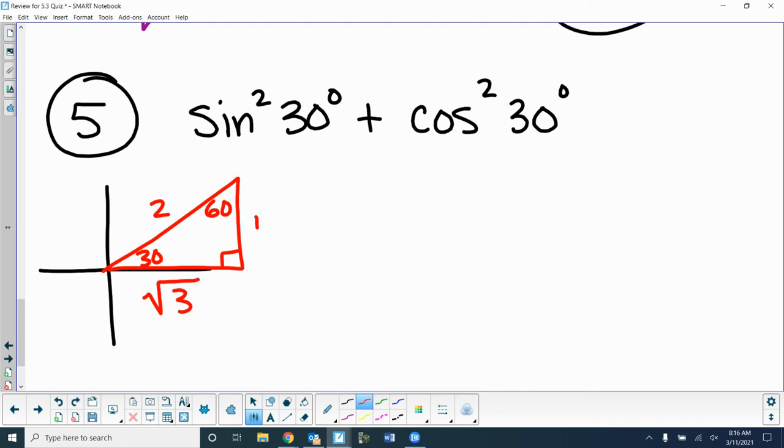Okay? So sine of 30, I gotta square it, plus cosine of 30. All right? Sine of 30, opposite over hypotenuse. Cosine of 30, adjacent over hypotenuse.